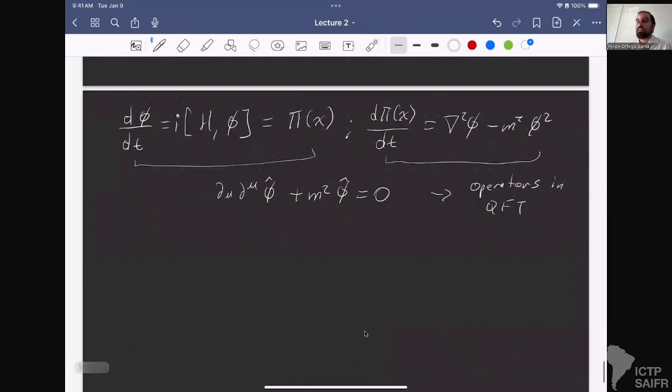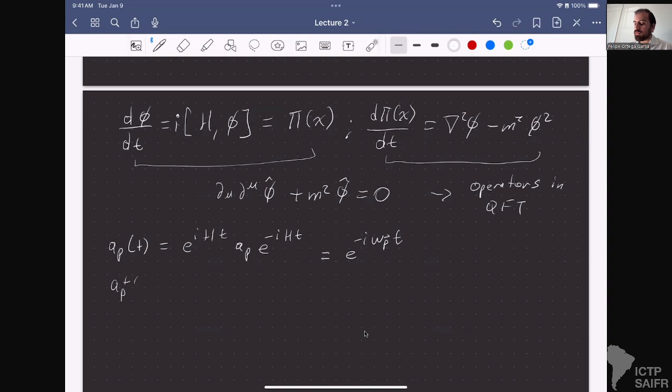That means that we can solve for the equations of motion of the field and see how the field evolves in time. Something that is useful to know is that if we make the raising and lowering operators evolve in time, meaning we apply e to the iHt on the left and e to the minus iHt on the right, we get, at least for the lowering operator, this e to the minus i omega_p t.